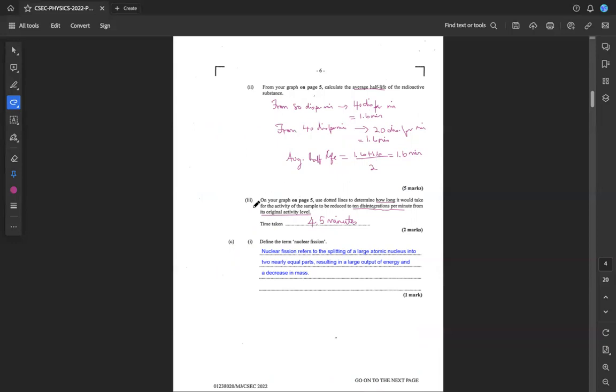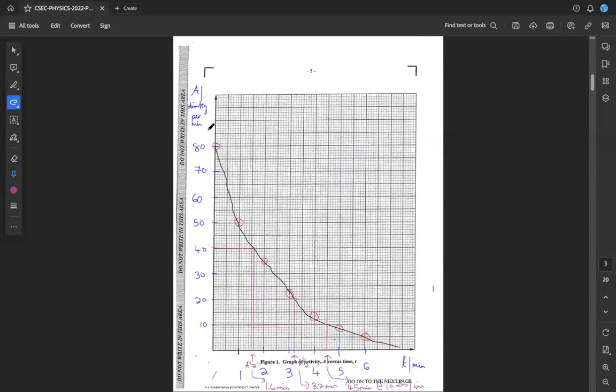So then for part 3 now, it's saying on your graph, use the dotted line to determine how long it would take for the activity of the sample to be reduced to 10 disintegrations per minute from the original activity level. So if we go back to our graph, we're starting at 80, and they're asking how long does it take to get down to 10, right?